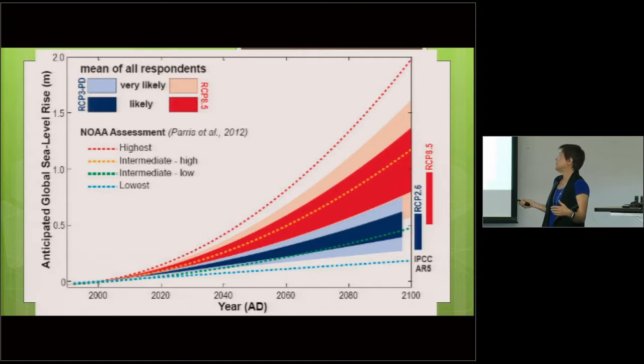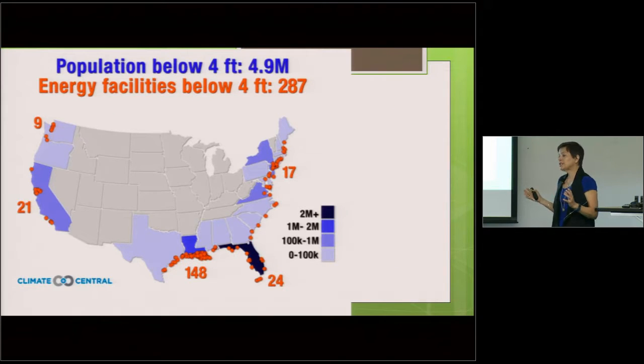So what's the reality? The reality is that different models under different emission scenarios have a pretty wide range of what they're predicting, anywhere from a quarter of a meter of global sea level rise to 2 meters by 2100. Whatever it is, say it's a meter, 5 million people just in the US live below 4 feet above sea level, basically.